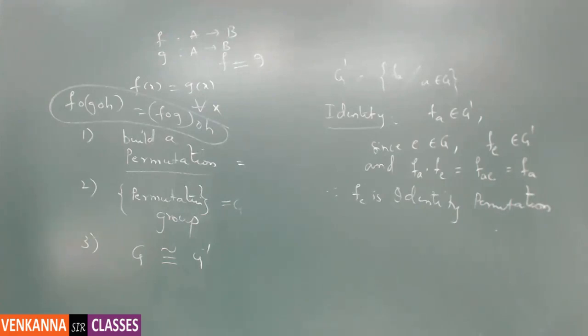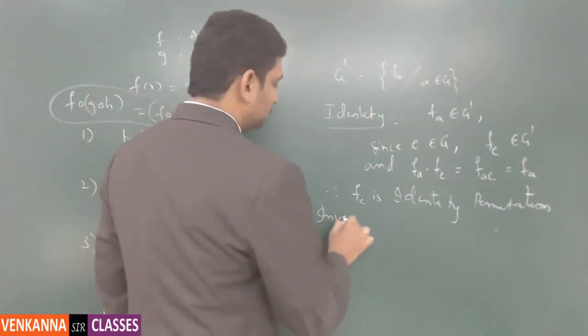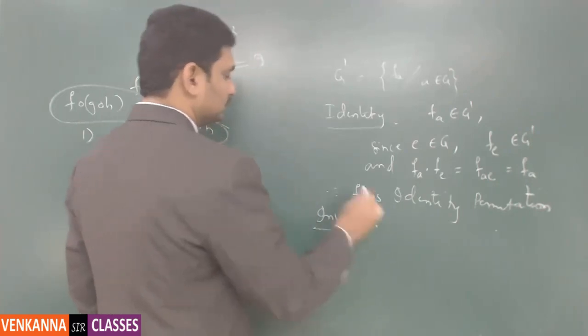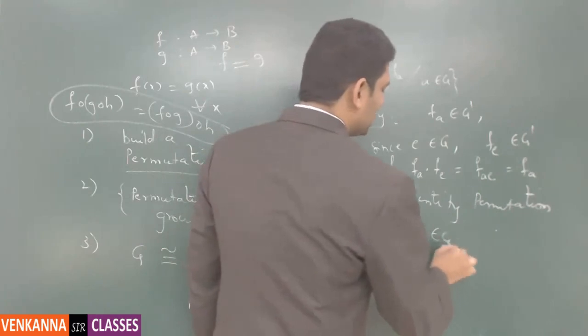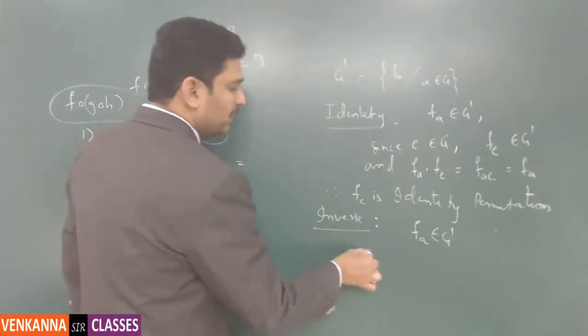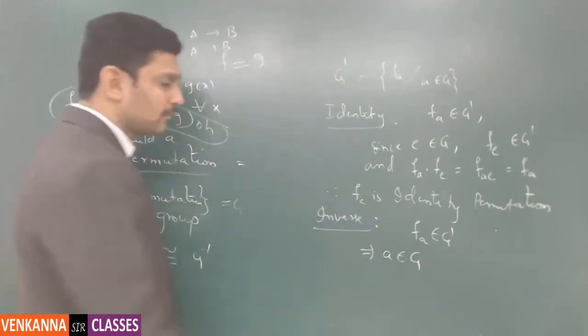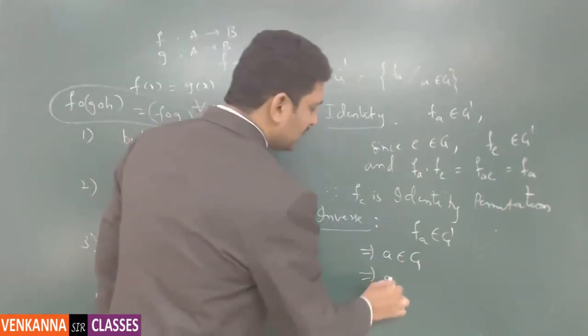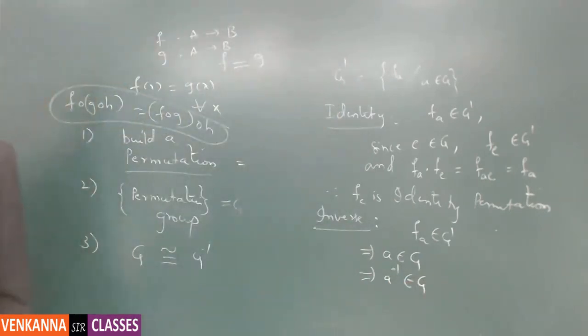And coming to the inverse part, if you take any permutation FA, immediately the suffix element belongs to the group G. So immediately you can say that A inverse belongs to G because G is a group.